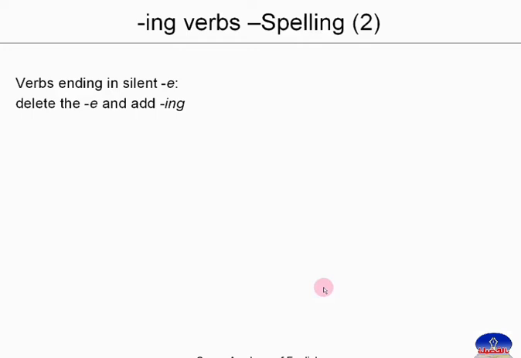So, verbs that end in a silent E, we delete the E, so we remove the letter E, and we add ing.